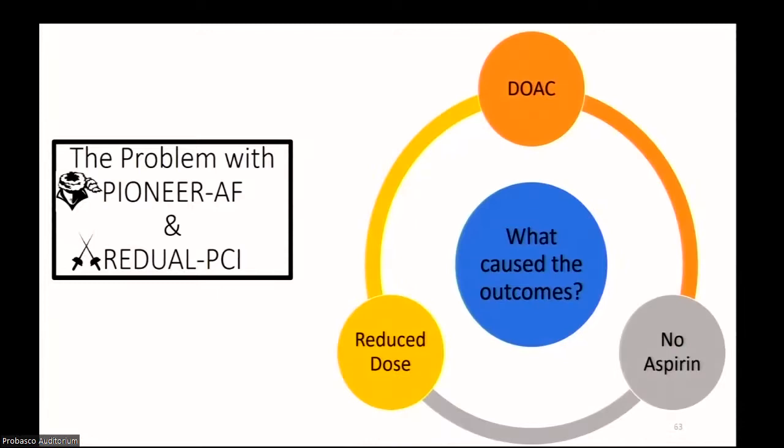So given their designs, it's impossible to determine whether the lower risk of bleeding that was seen in the new oral agent groups was due to one of three different things. Was it the use of the new agent, the DOAC, the reduced dose of the DOAC as compared to normal AFib dosing, or was it the discontinuation of aspirin?